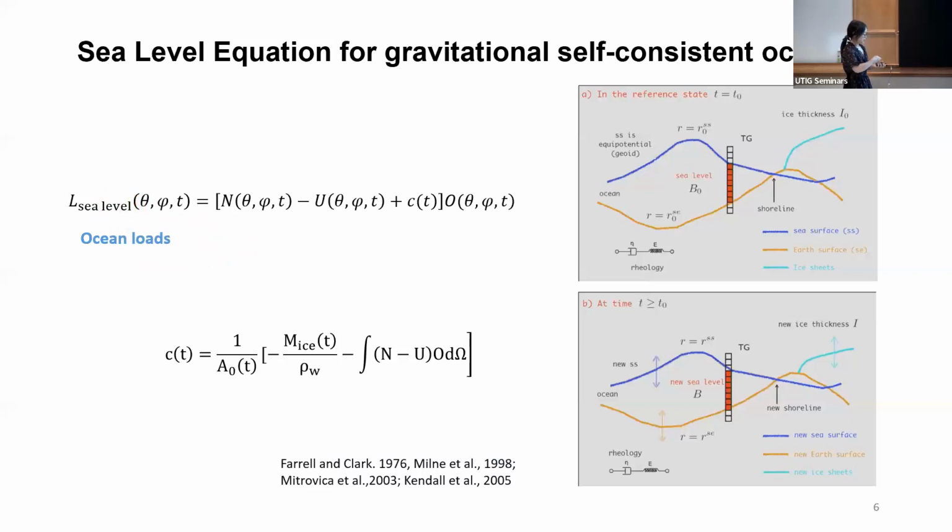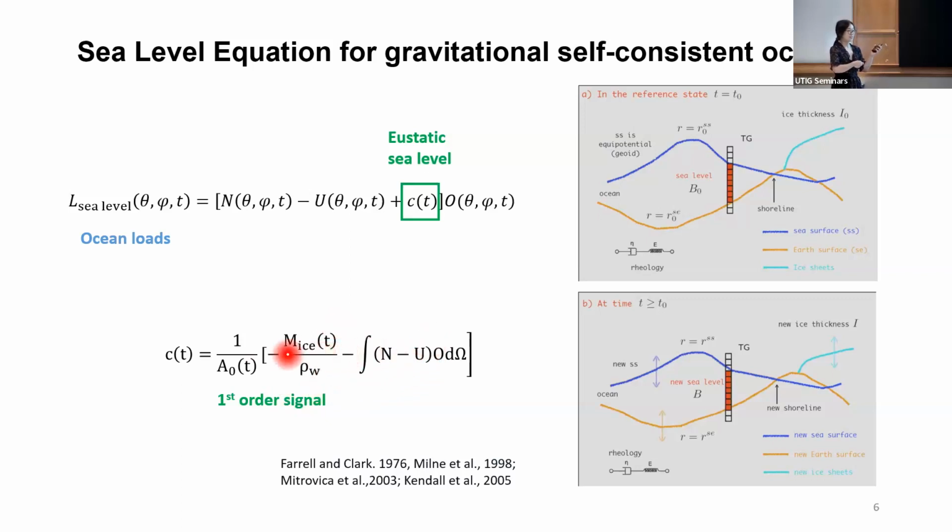So let's consider the first order signal. This is what I mentioned. We call this the eustatic sea level. Basically the amount of ice melted, we change that ice into ocean height change. This is globally constant.